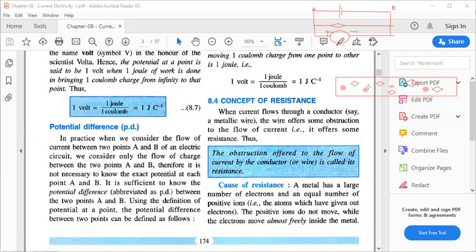So what is the cause of resistance? A metal has a large number of electrons and also an equal number of positive ions. I have already drawn it. The positive ions do not move, while the electrons are moving freely inside the metal.